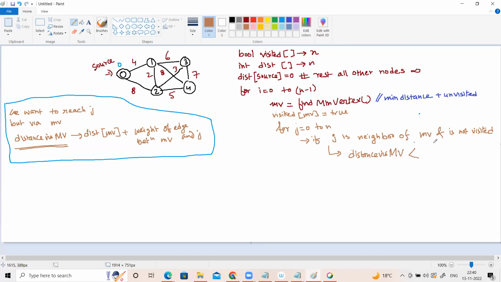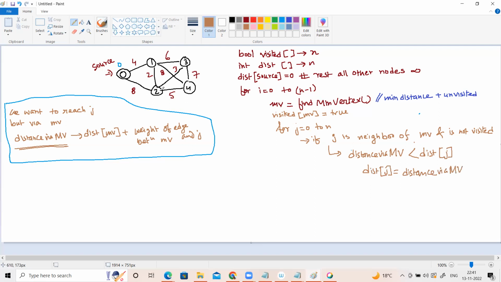If the already existing dist of J is greater than this, that means this is less, then we need to update the value of the dist array. So the dist array J value needs to be updated with the value this function is returning, distance via MV. Is that clear?